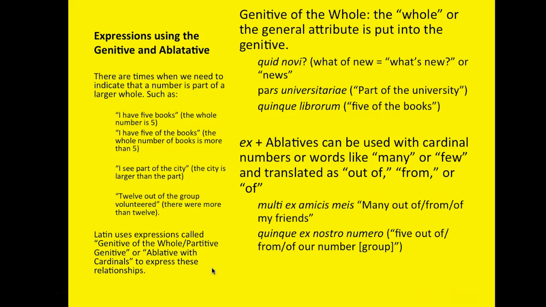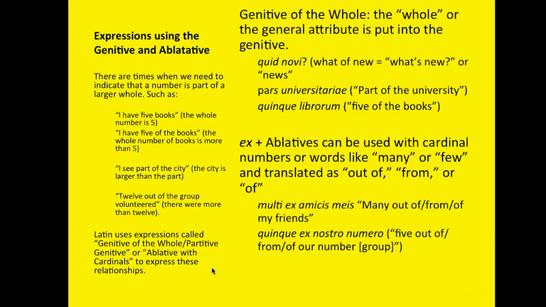Another expression is using an ablative with ex, and this occurs when there's a certain number from out of a group or out of a larger number of objects. For example, put a couple of examples here in Latin. Multi ex amicis meis, many out of my friends. Now, there were many of them.